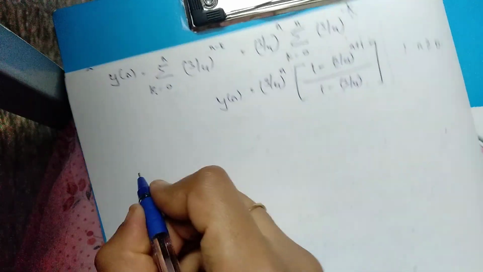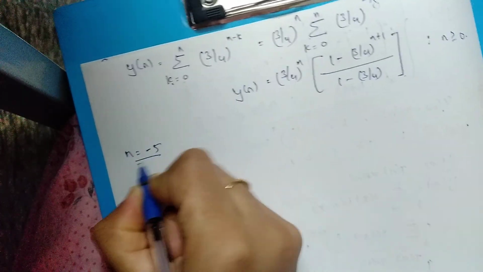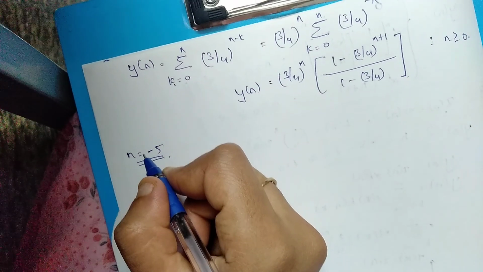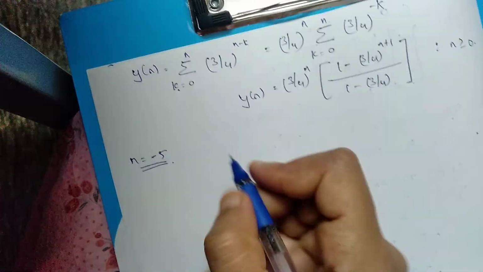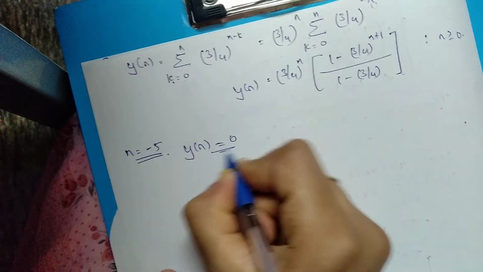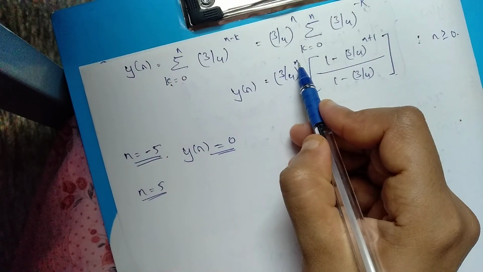So we need to find y of n when n is equal to minus 5. Substituting n as minus 5, because n is negative, we have y of n as 0. If n is equal to 5, substitute the value of n as 5 here.